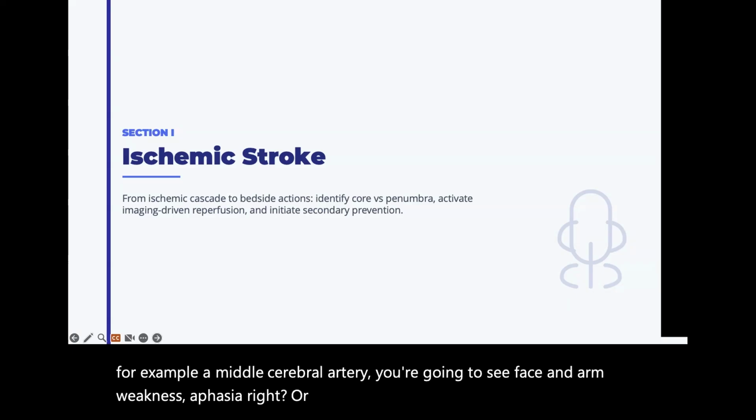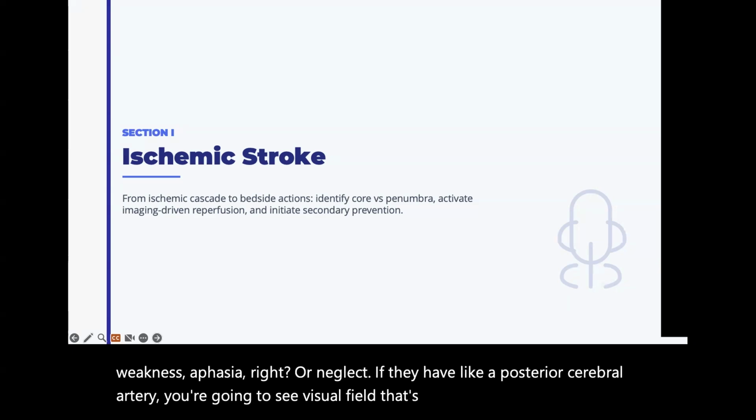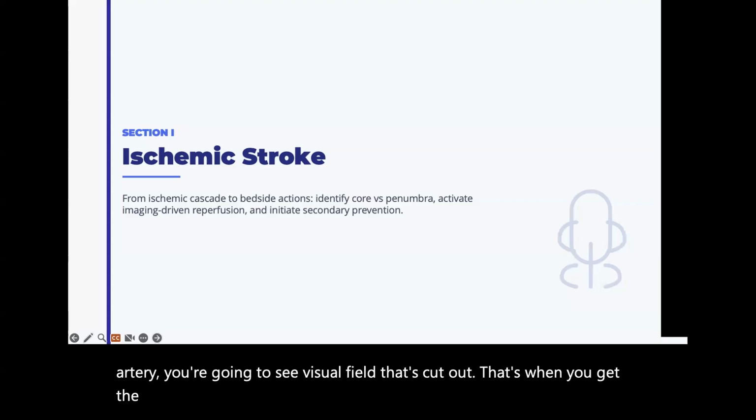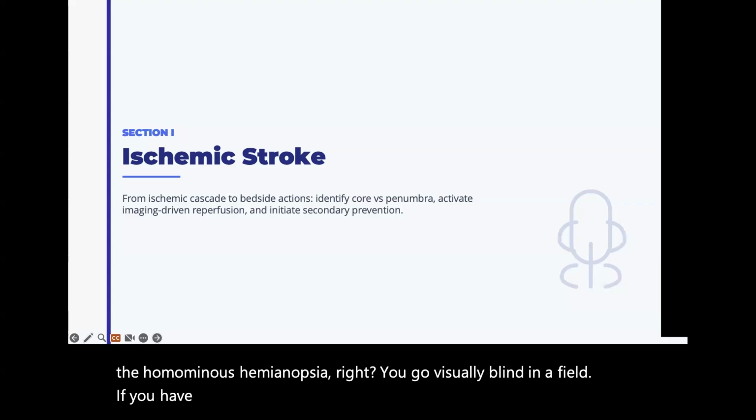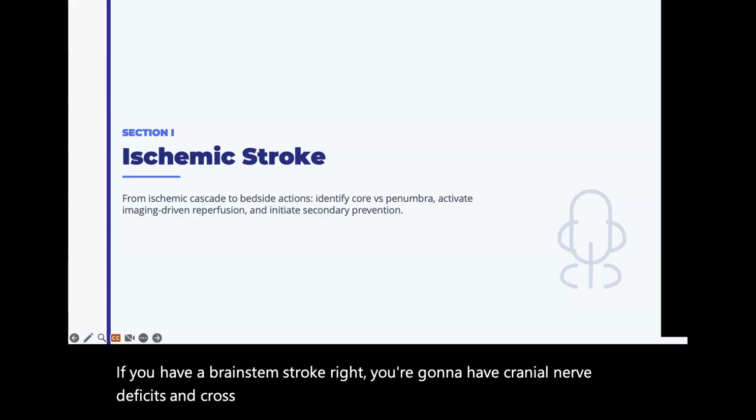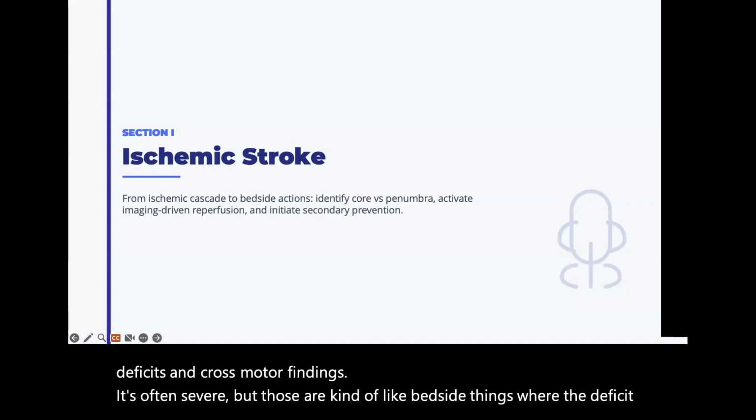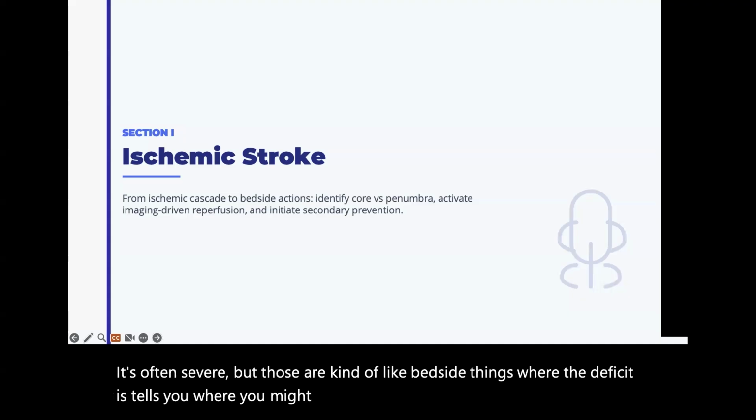If they have a posterior cerebral artery stroke, you're going to see a visual field cut. That's when you get the homonymous hemianopsia, right? You go visually blind in a field. If you have a brainstem stroke, you're going to have cranial nerve deficits and crossed motor findings. It's often severe. But those are bedside things. Where the deficit is tells you where you might find the problem.